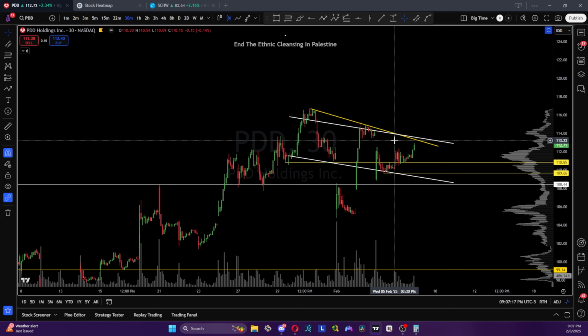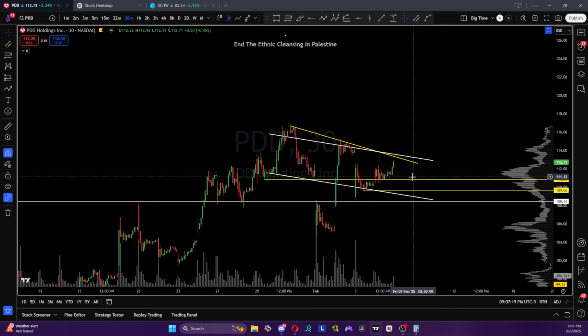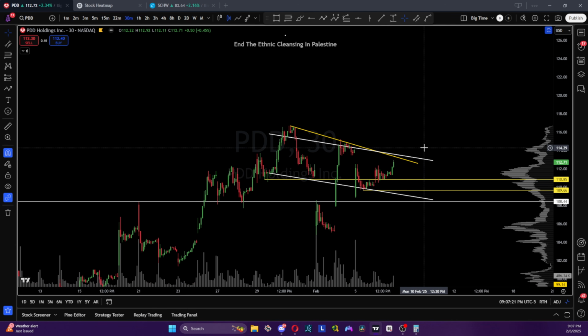So I will set it, let's say if P. Diddy's stock gaps up from 112.71 to 114. That's probably going to be a 30% gain. So what I'm looking at is I'm going to start before market opens. What you could possibly do, by the way, is this is where Robinhood's option calculator could be helpful, even though I talked about it last time, where it does not calculate IV increase or change.